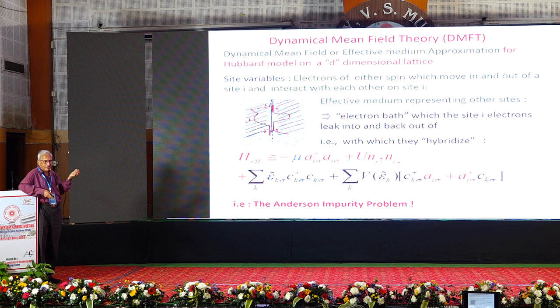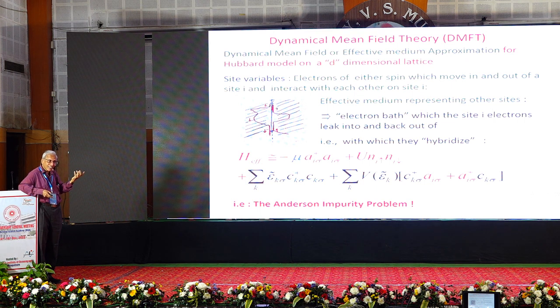If you take one site and watch what's going on, that electron is leaking to the other sites, where interaction effects are negligible, so it sees a conduction electron bath. All the other sites correspond to a conduction electron bath, and from that bath it comes back to the site, and when it sits there, it experiences this repulsion energy.